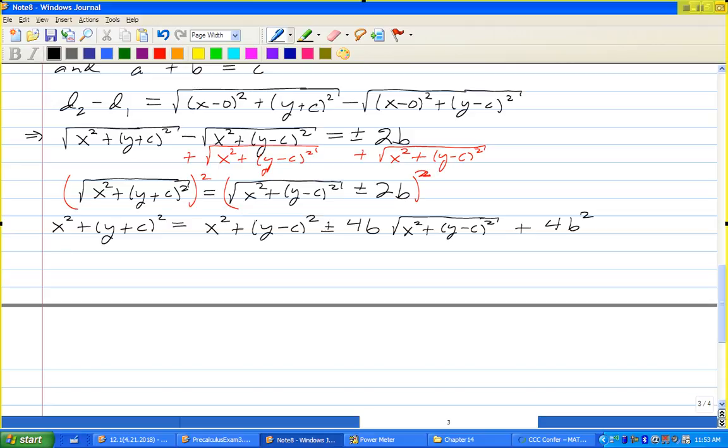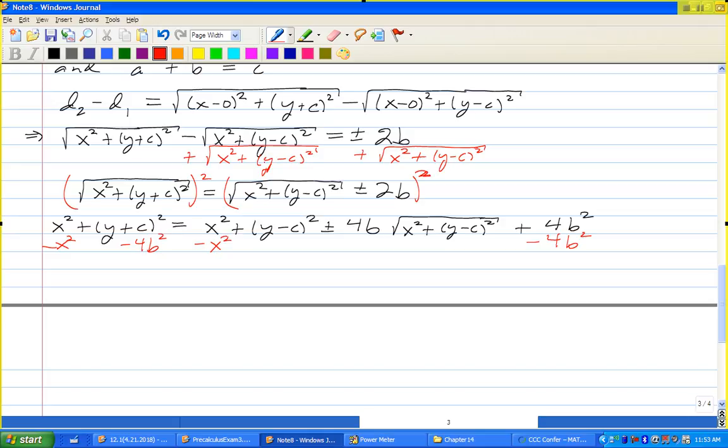So let me multiply this out. First off, cancel out the x squares. And maybe I'll bring this guy over, minus 4b squared.